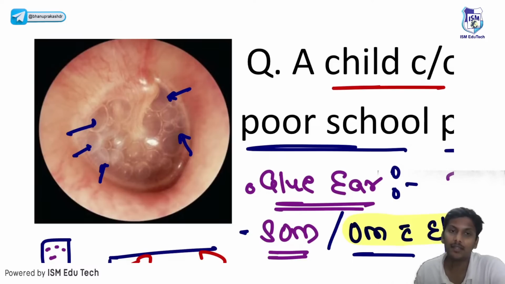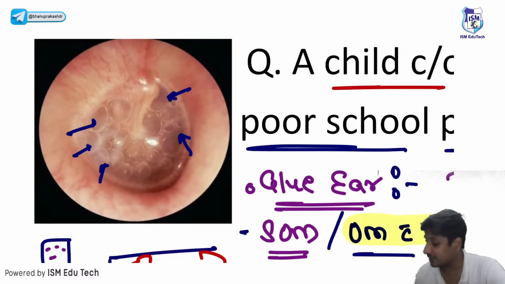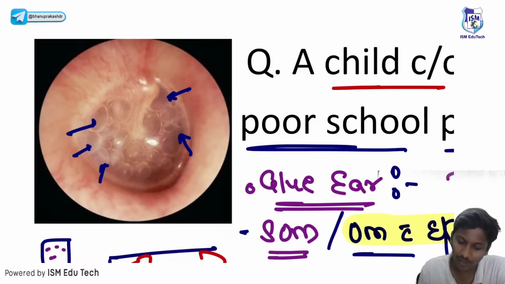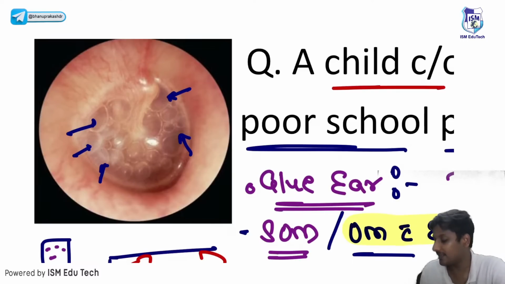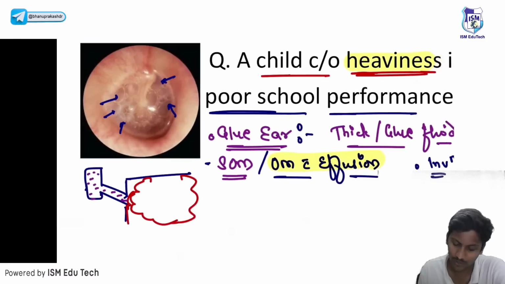So definitely this is a case of glue ear or serous otitis media. So this is a close differential diagnosis from bullous myringitis. What did I tell you? In bullous myringitis, there is infection of the tympanic membrane which causes bulla or bleb formation on the tympanic membrane. So these are not bulla or blebs, these are the bubbles which are seen behind the intact tympanic membrane. Okay, that is important to be remembered.